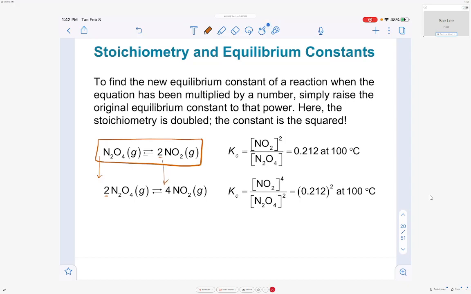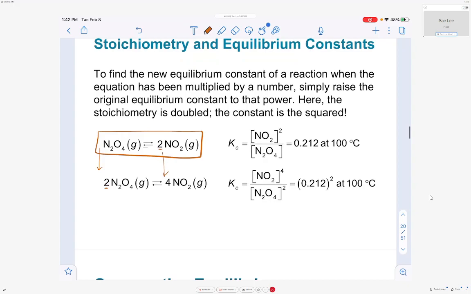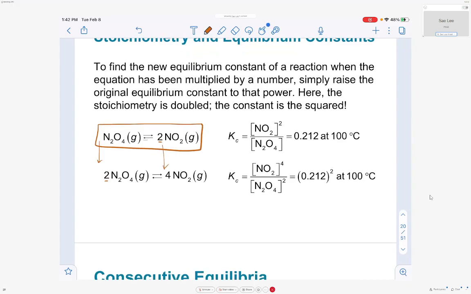Then the coefficient is going to be 2 in front of N2O4, and 2 times 2 for NO2. To find the new equilibrium constant when the equation has been multiplied by a number, simply raise the original equilibrium constant to that power.